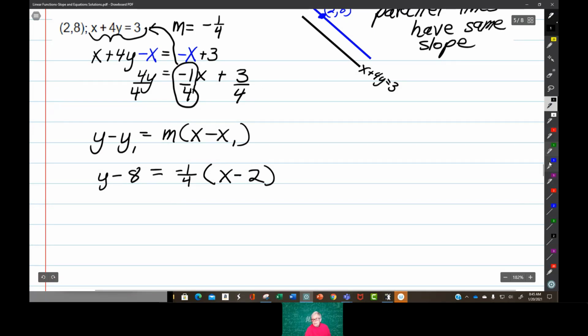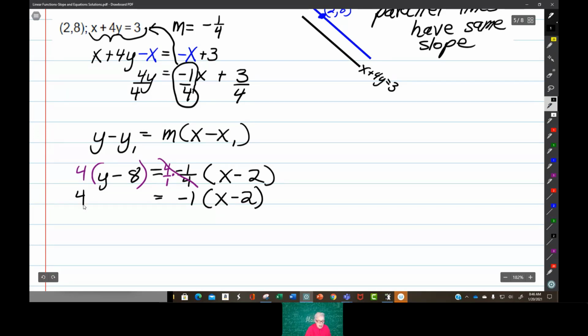Okay, and get rid of the fractions by multiplying both sides of the equation by 4. And these 4's cancel. Now, on the right side, I'm left with -1/1, which is -1. So I'll have -1 times x minus 2.